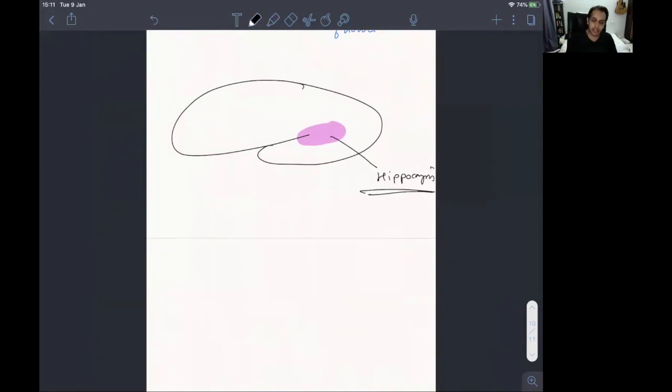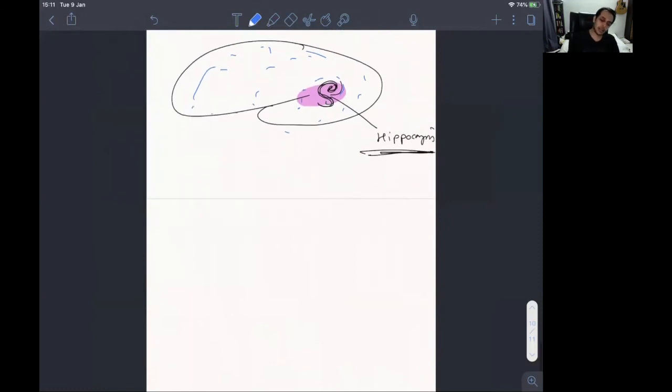You can check it out there because it is a bit too detailed, so I didn't want to go into it again. But the hippocampus is the area. It's shaped like a seahorse. In this area the neuronal death starts, and then it gradually progresses outward, and eventually it involves the whole brain.